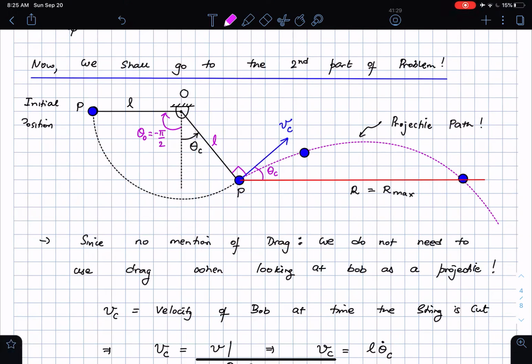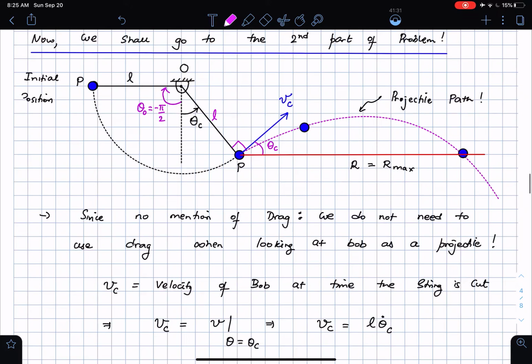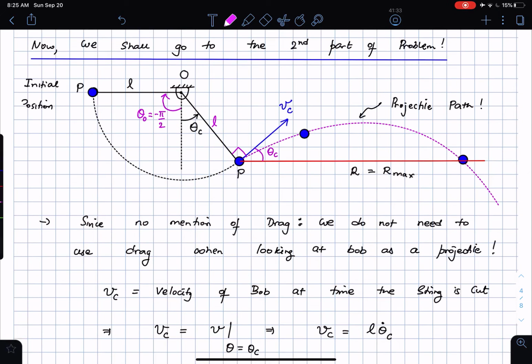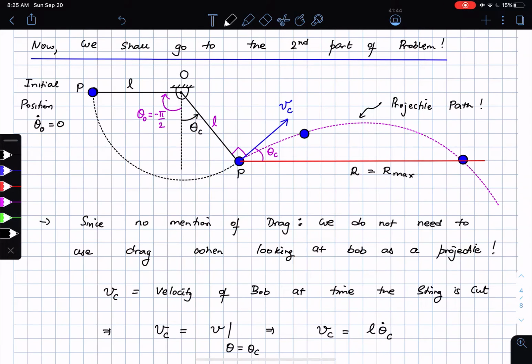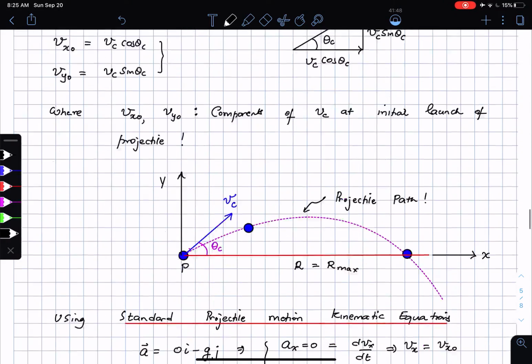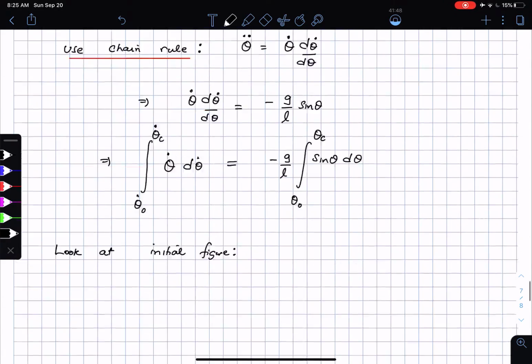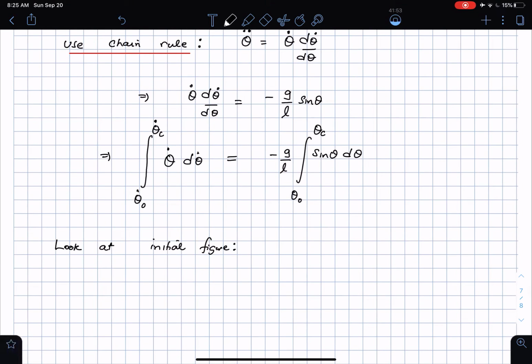But then initially everything starts from rest, which means that theta dot is going to be 0. So theta dot naught is equal to 0 at the initial position. So if I go back to my problem here, by looking at the initial figure, theta dot naught is equal to 0 and theta naught is equal to minus pi by 2.